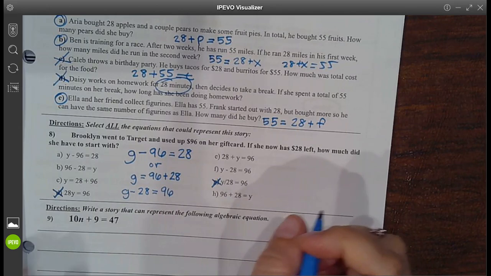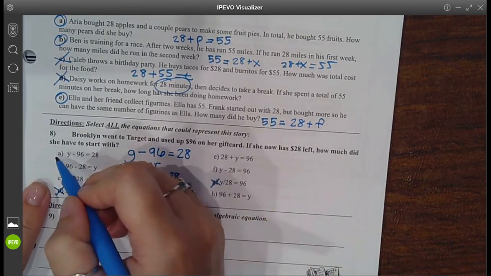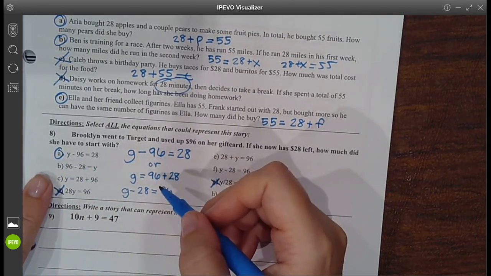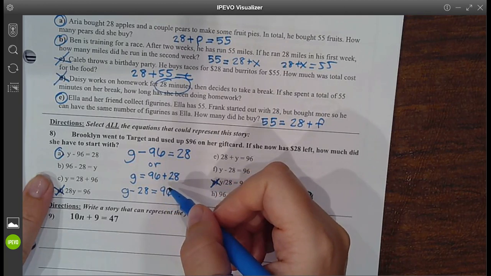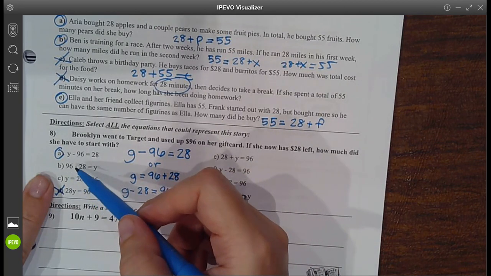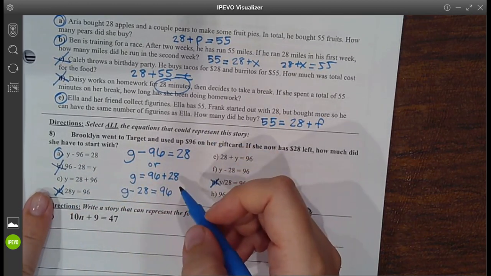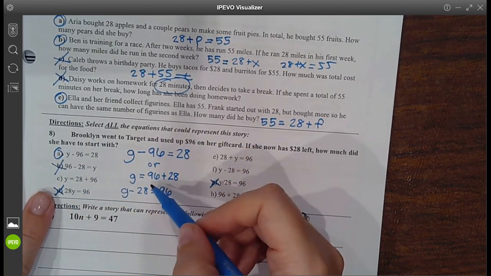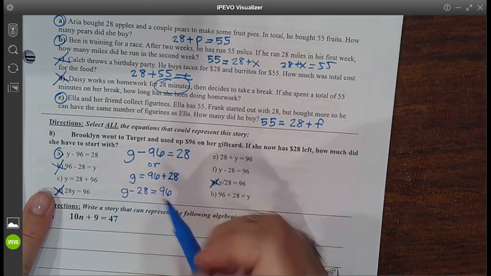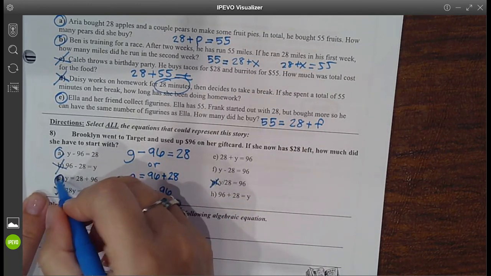Okay. Variable minus 96 equals 28. Yep. 96 minus 28 equals, no. So how much I spent minus how much I have left equals the total. That doesn't make sense. Okay, my gift card is, yeah, this is the same as this. They just flipped it around, so that's okay.